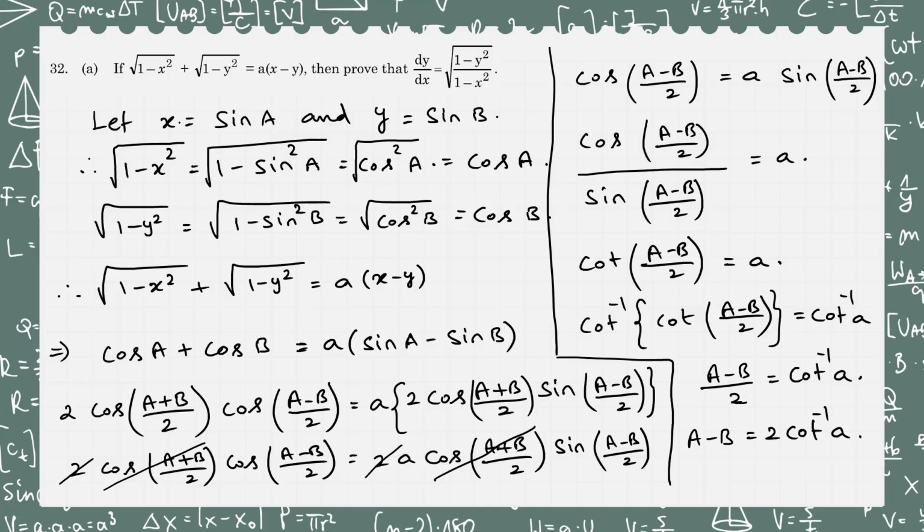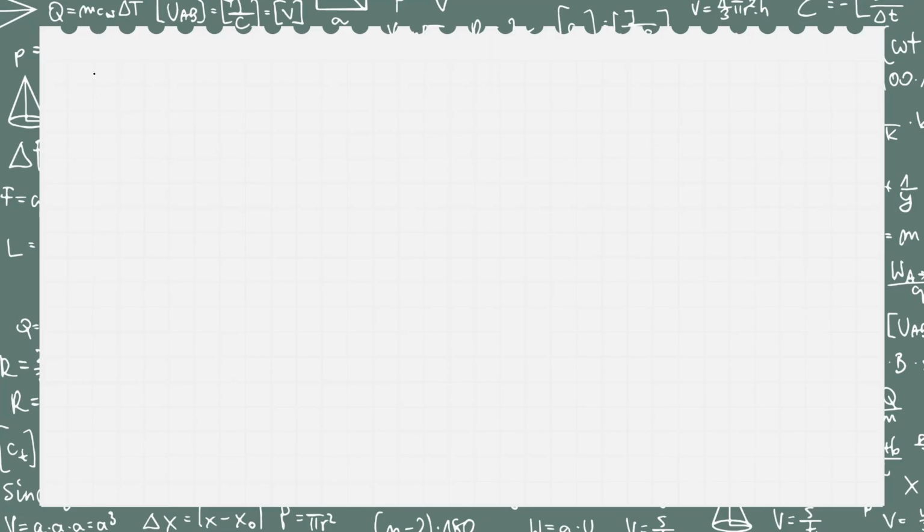When we apply sin inverse on both sides, we get sin inverse of x equal to sin inverse of sin A, which is A. So A's value is sin inverse of x and B's value is sin inverse of y similarly. So that implies sin inverse x minus sin inverse y equal to 2 times cot inverse of a.